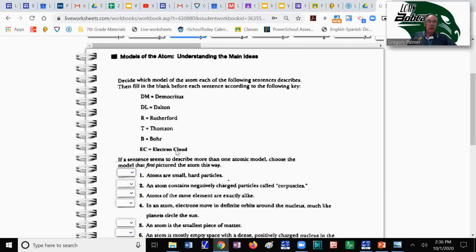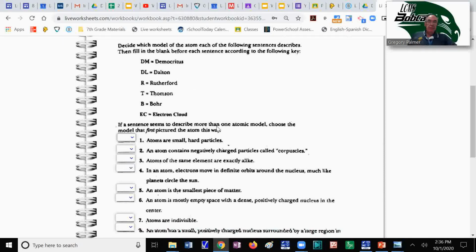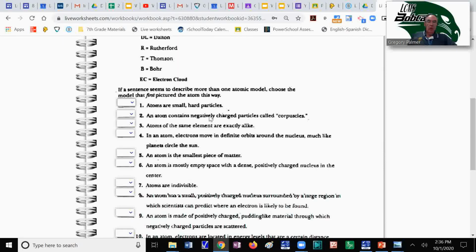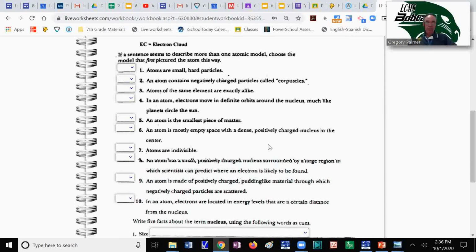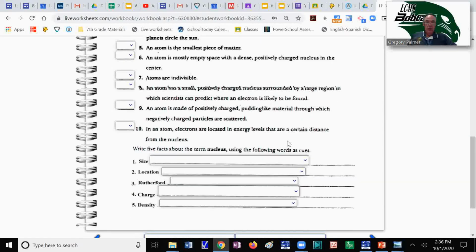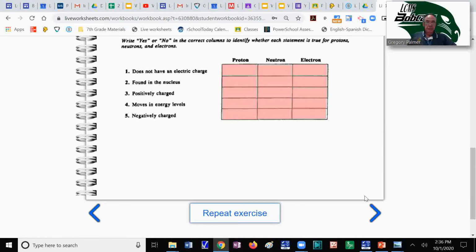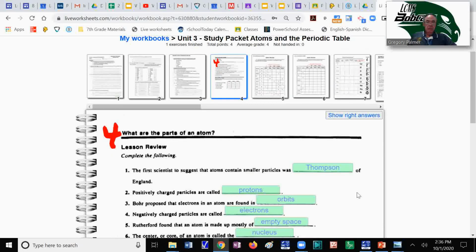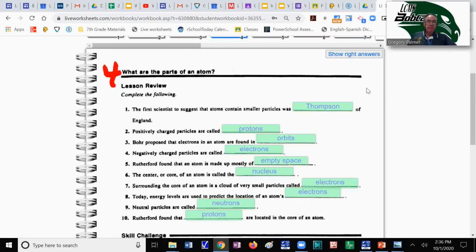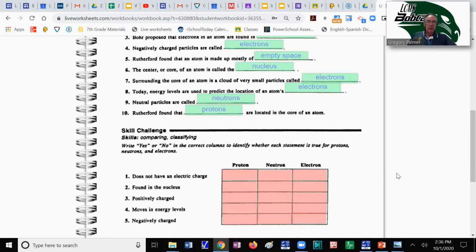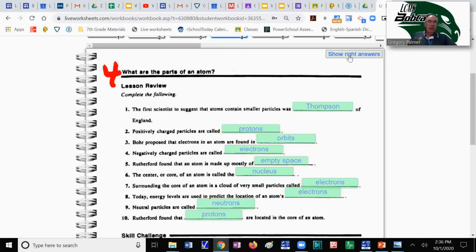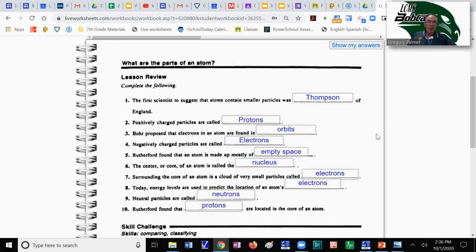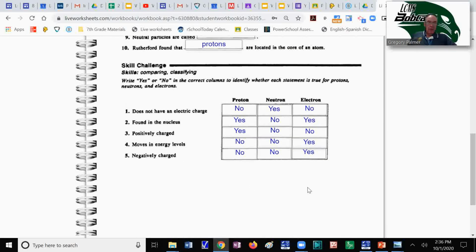And this was a review based on the reading of who discovered which parts of the atom and in what order, the atomic models. Okay, on this page, I filled this out wrong on purpose so that you could see how it works. It says show the right answers. So I click on this and it shows me the right answers.